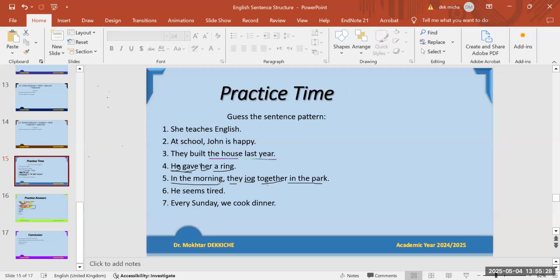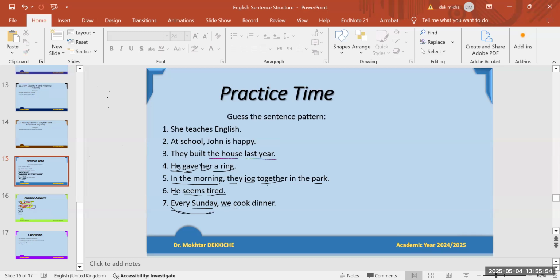Sixth sentence: he seems tired. He is the subject, seems is the verb, and the last one is a complement. And every Sunday, so we have a fraction of time, so this is an adjunct.